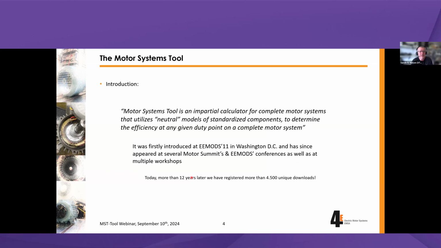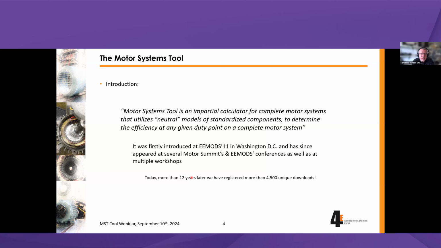I made this text some years ago about what the Motor Systems Tool is: an impartial calculator for complete motor systems that utilizes neutral models of standardized components to determine the efficiency at any given duty point on a complete motor system.